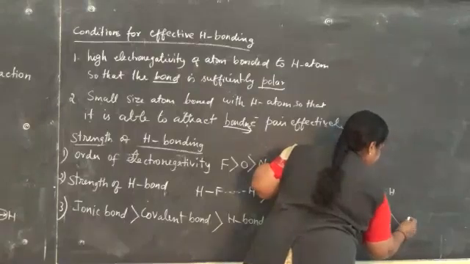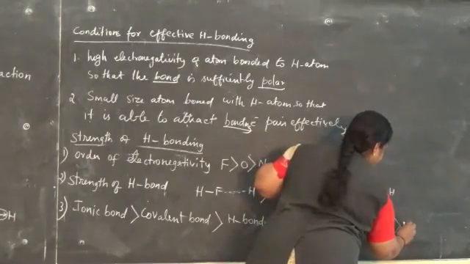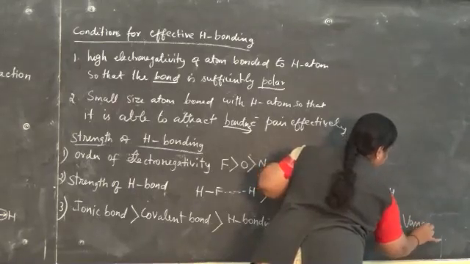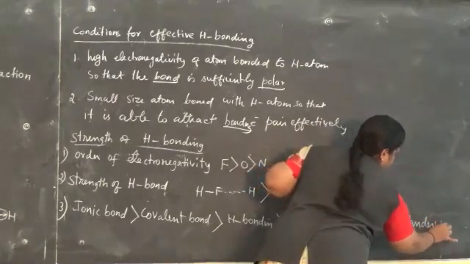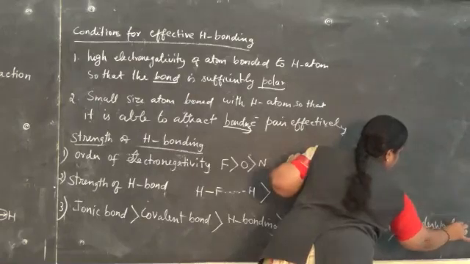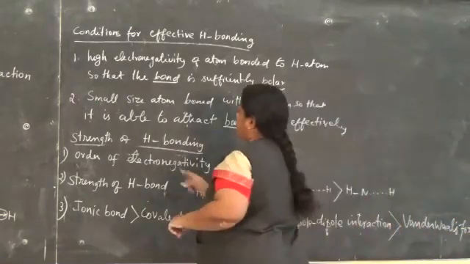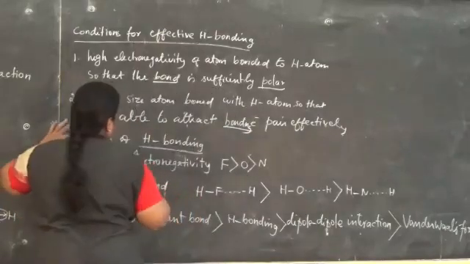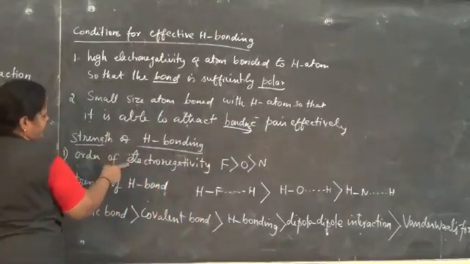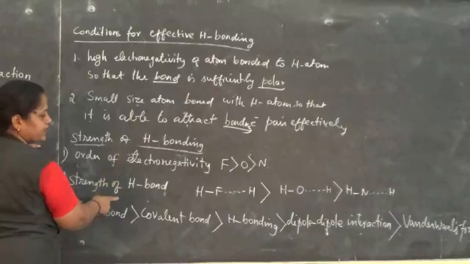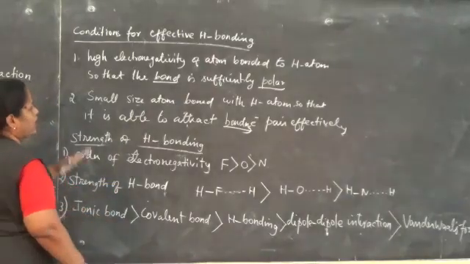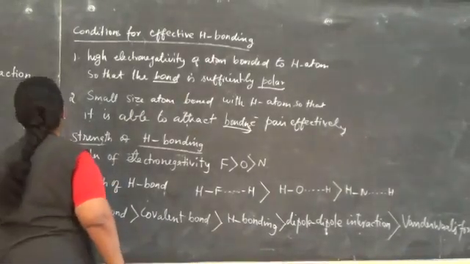Even though it is weaker, it is present in inert gases. So, this is the strength of hydrogen bond. Based on this we discuss 3 points here. All these are one more question. Copy this.